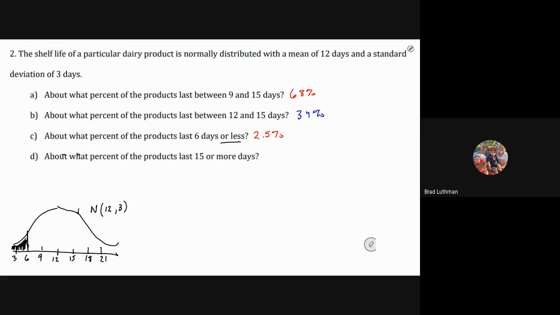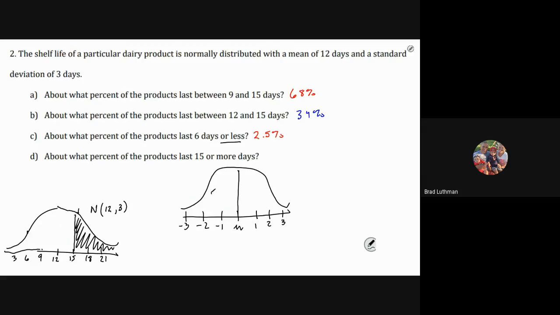And finally, about what percent of products last 15 days or more? 15 days or more. Okay, here's what I'm going to do. I'm going to pull on a previous problem. When we think of mu, 1, 2, 3, and -1, -2, -3. So right at mu, there was 50% to the left and to the right.